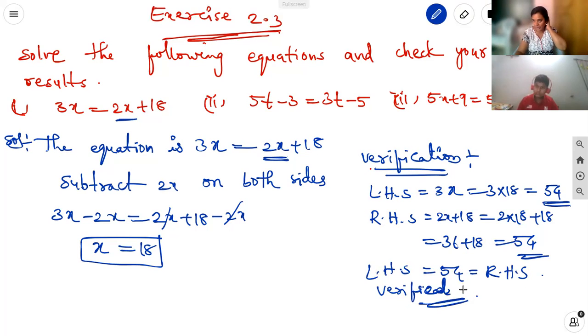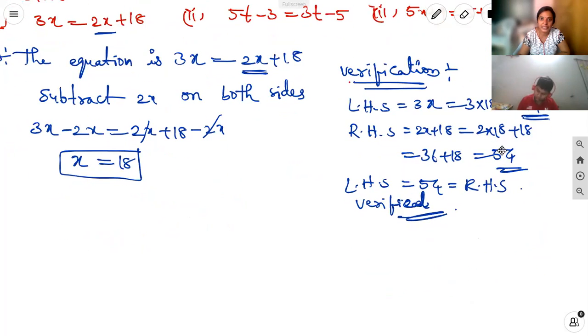Second question, 5t minus 3 equal to 3t minus 5.